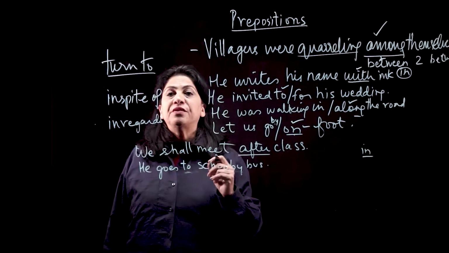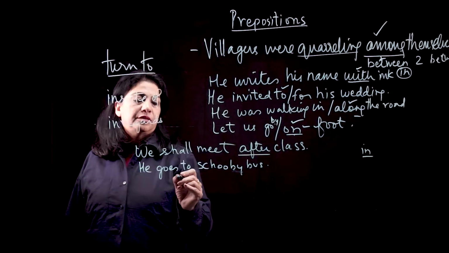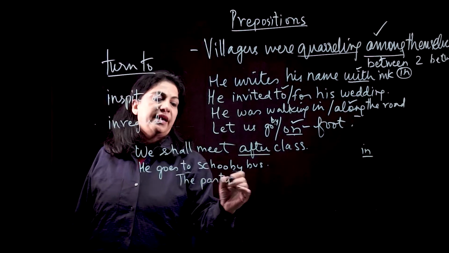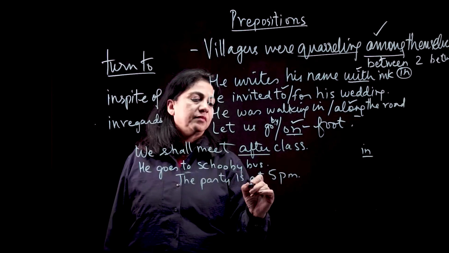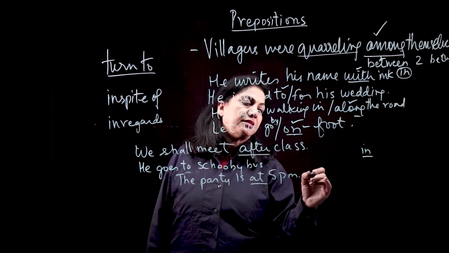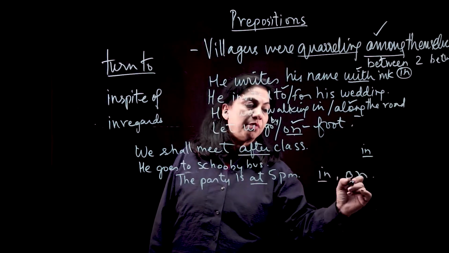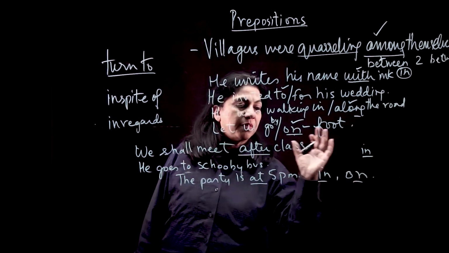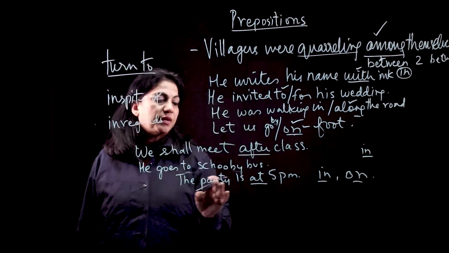Like when you're doing invitation cards, the card would say that the party is at 5 p.m. So "at" is your preposition, and for a place you describe where this party is being organized and where it is. Those are the prepositions that you have to use over there.